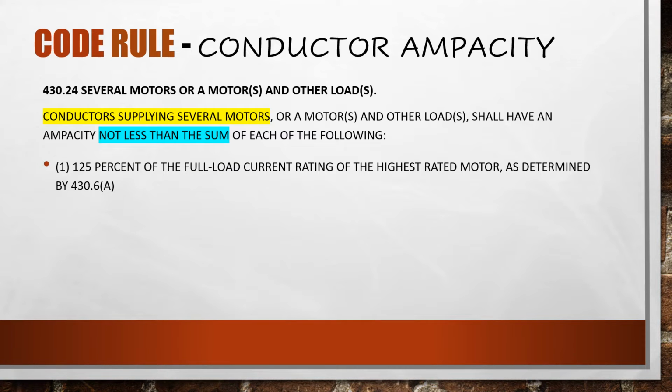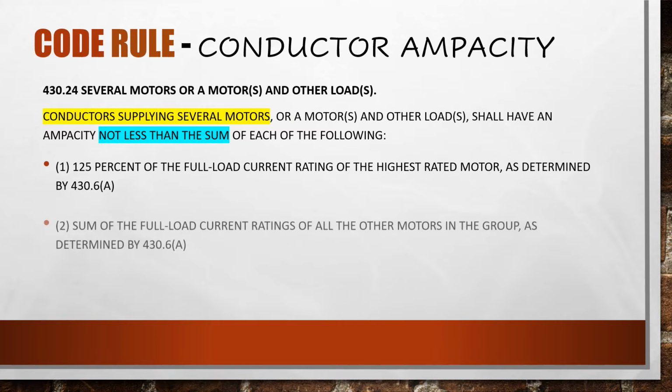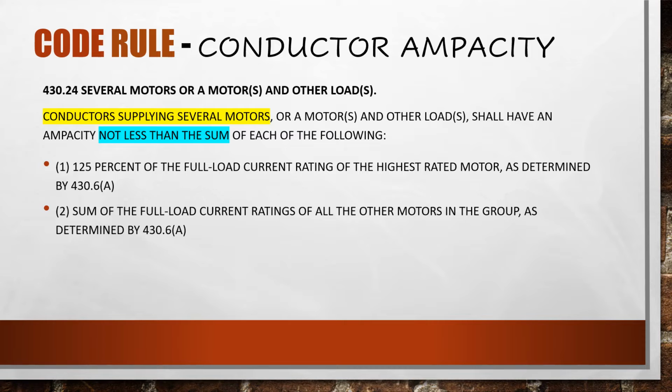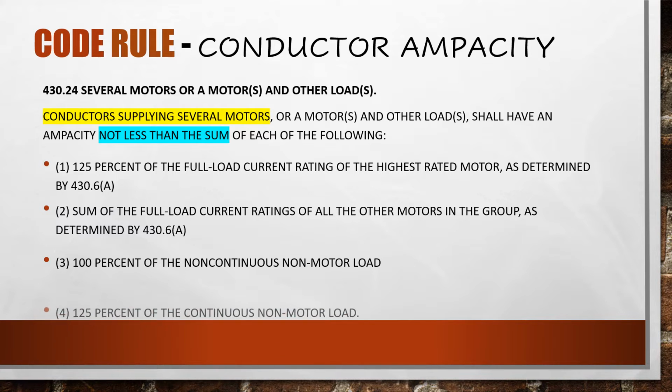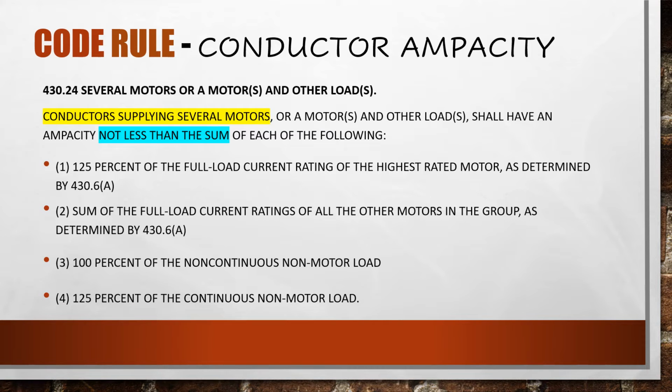Number one, 125% of the full load current rating of the highest rated motor. Number two, the sum of the full load current ratings of the other motors in the group. Number three, 100% of the non-continuous non-motor load. Number four, 125% of the continuous non-motor load.